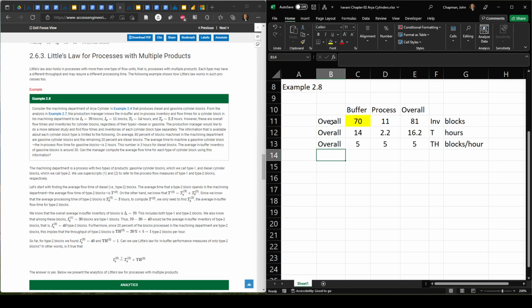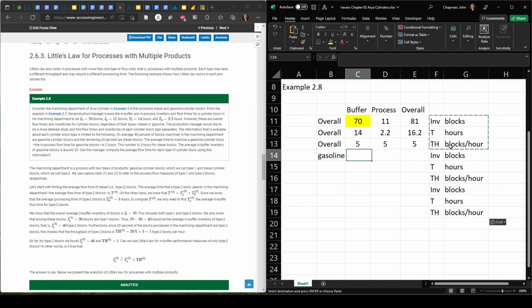But what we want to do now is dig into a whole other level of product. The way that I want to do this is I'm going to copy these rows down here, and then we're going to add our gasoline product, as well as our diesel product.